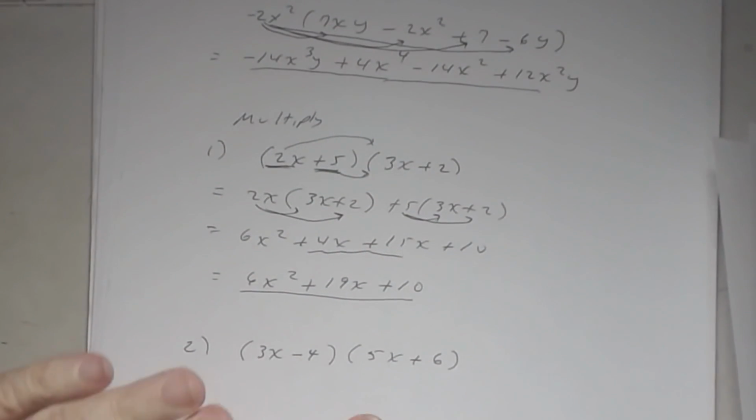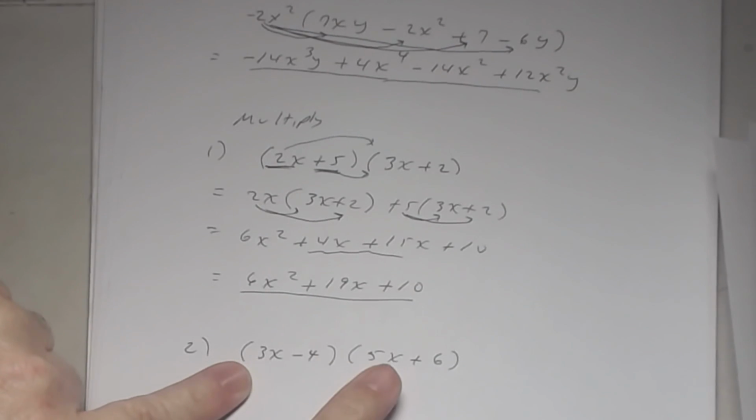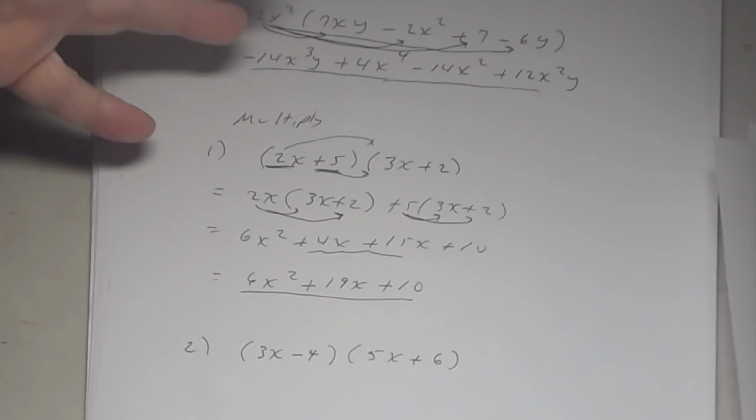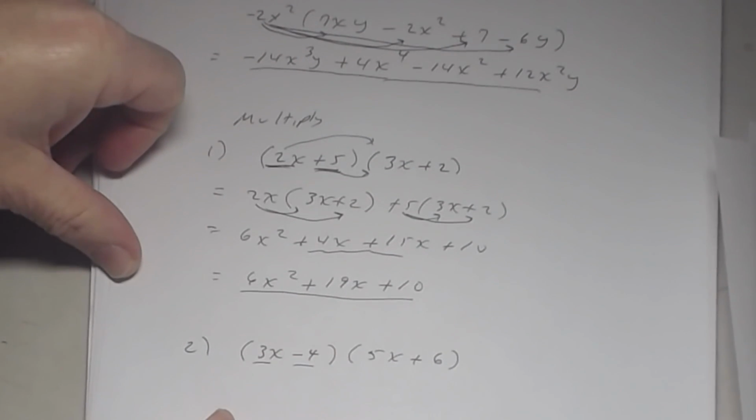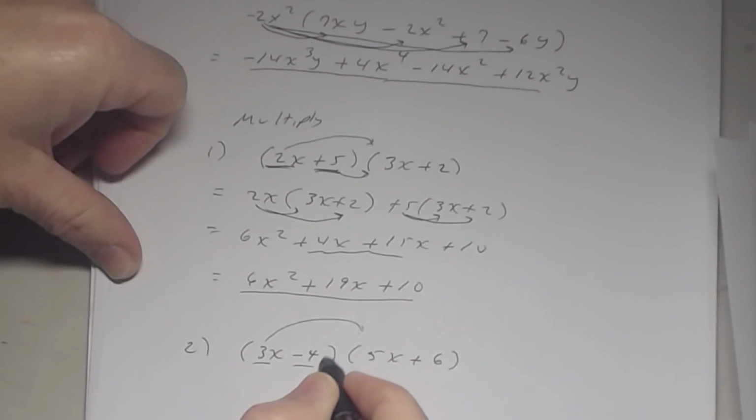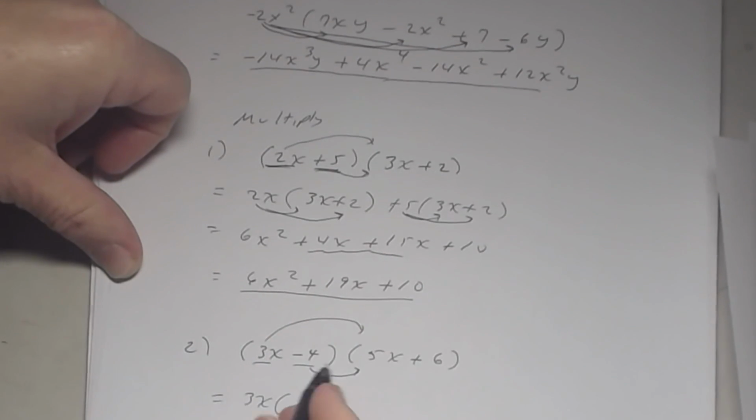It says multiply, which makes you understand that you're multiplying two polynomials together. Except this time, you have a binomial times a what? A binomial. But I can still use the distributive property. All I have to do is take each term in that first polynomial and multiply by the second polynomial. See what I'm doing? So what's that first term you see? I have to multiply by the other polynomial. What's the other polynomial?